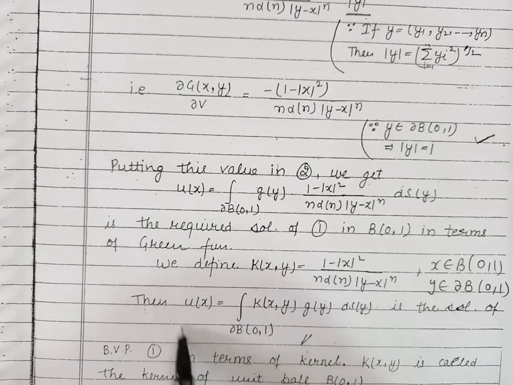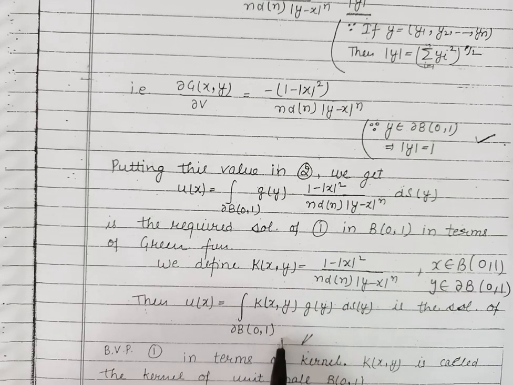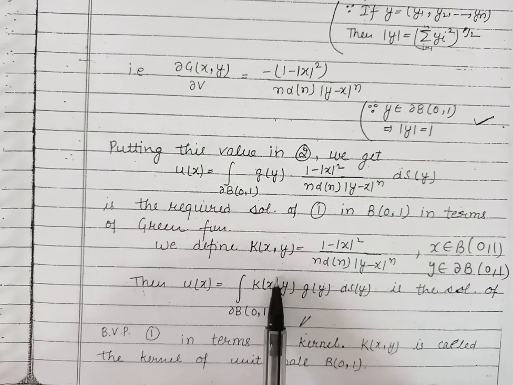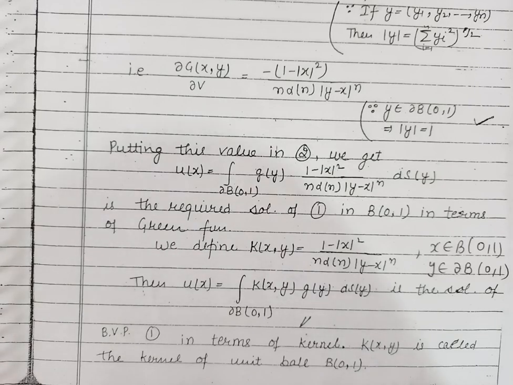So this is the solution of the given boundary value problem in terms of the kernel k, which is the function of x and y. So this is the kernel of the unit ball. So this completes a representation formula for the given boundary value problem in the unit ball in terms of Green's function.